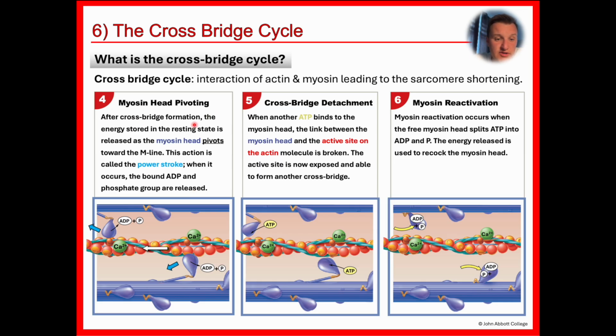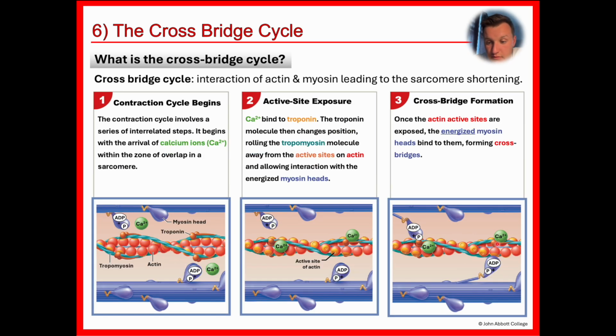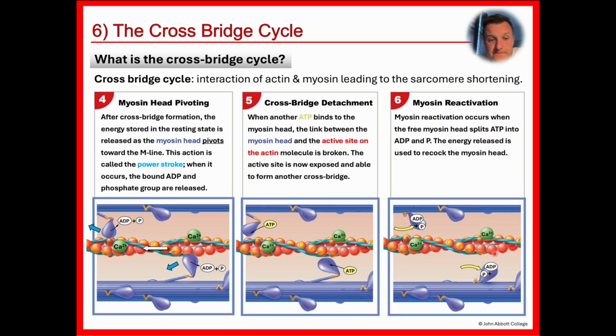After the cross bridge forms, once you had the binding of this little myosin head onto it, the energy stored in the resting state is released as the myosin head pivots towards the M line. So here is going to be the middle, the M line, somewhere down this way, and all of them will move in this direction. So all of them will move that actin filament.